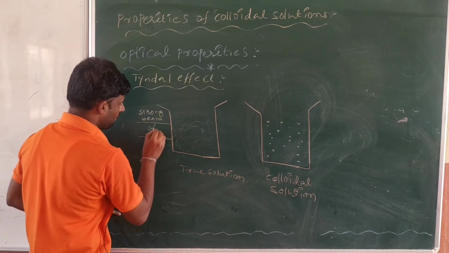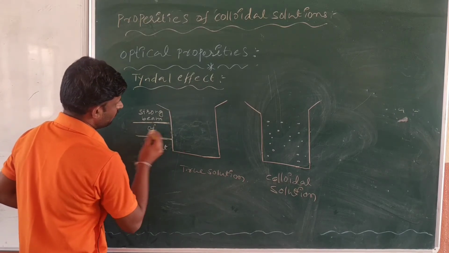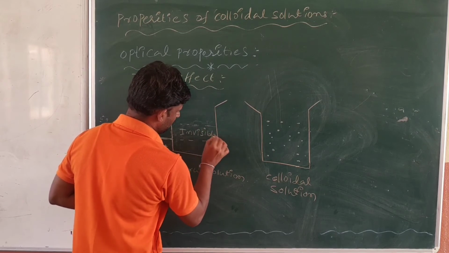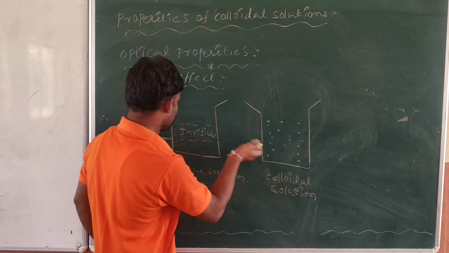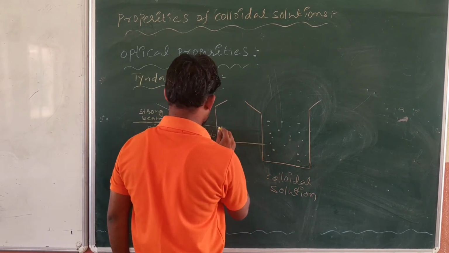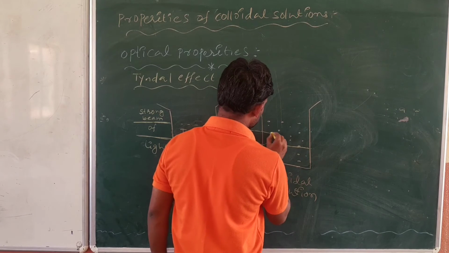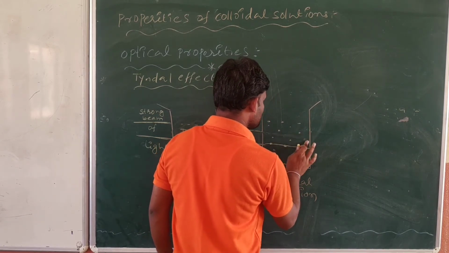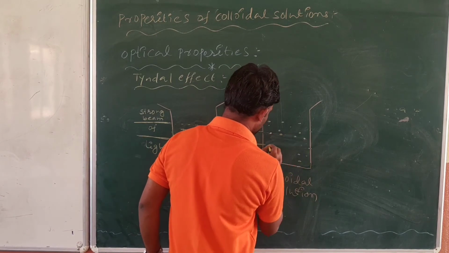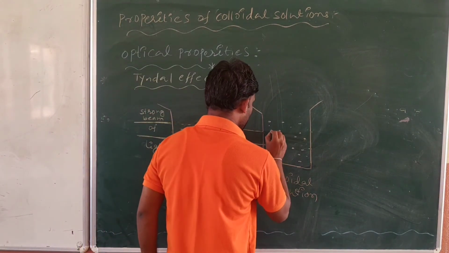In the true solution, it is invisible; the light enters and goes through the solution. But here the particles are present, and the light moves through them. Now the particles emit the light in all directions.